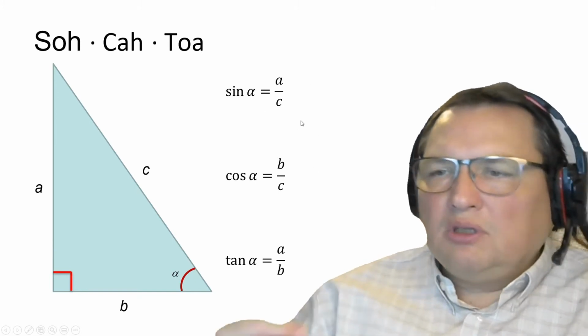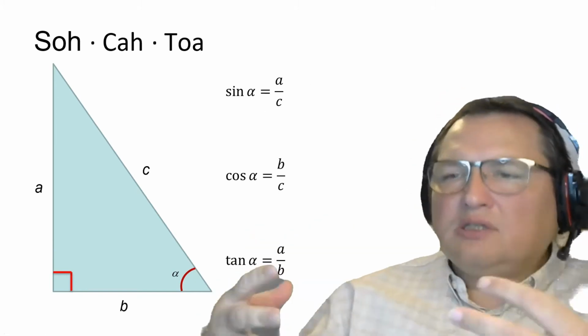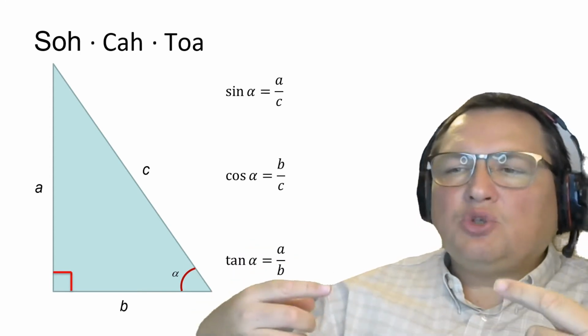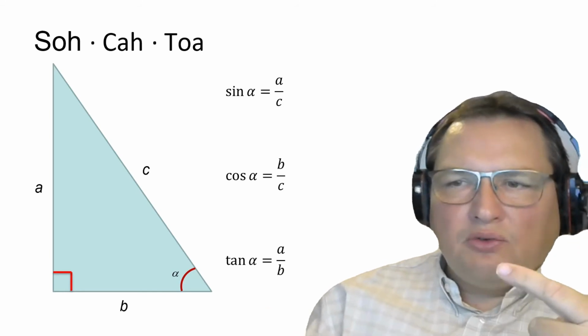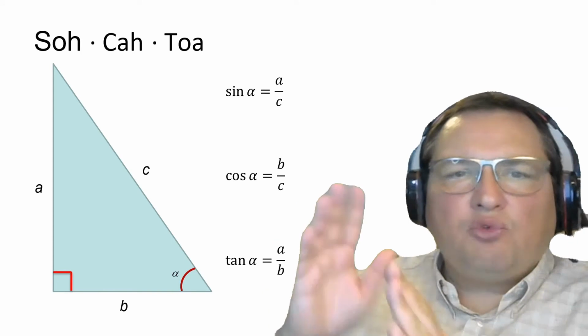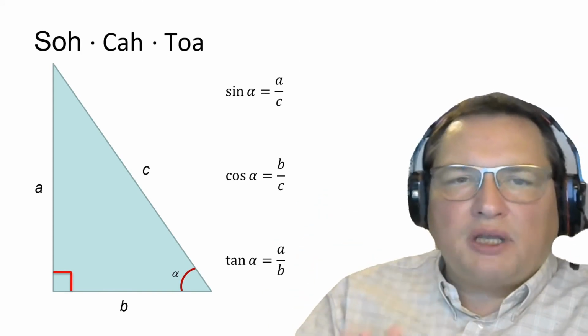But in real cases of trigonometric problems, it is usually not about finding the value of sine alpha, but rather finding the length of one of the edges of the triangle.